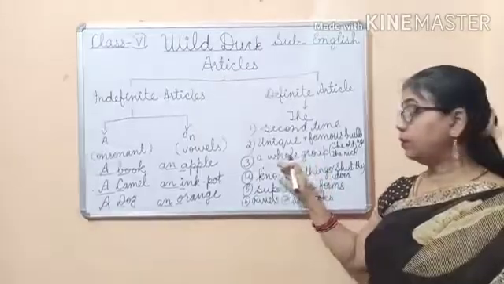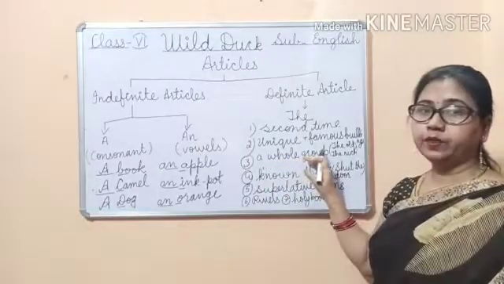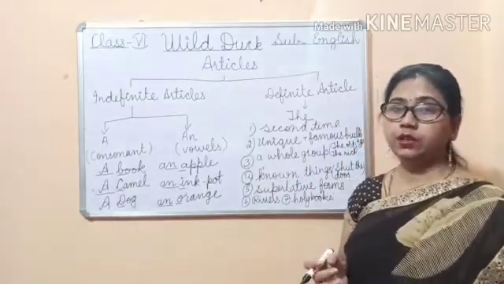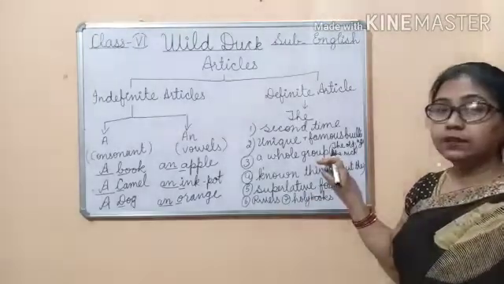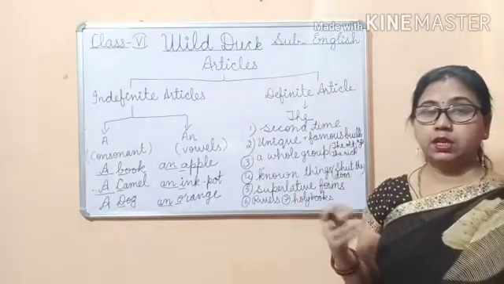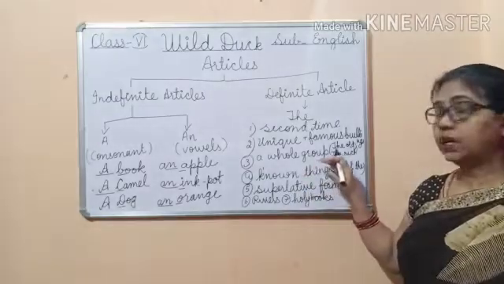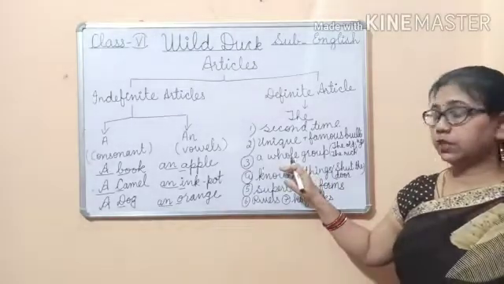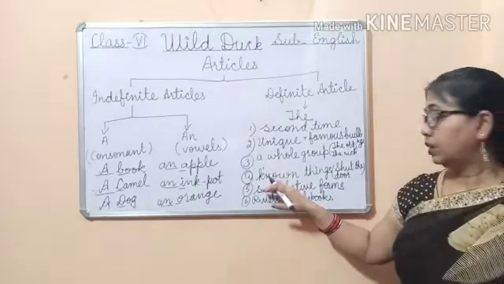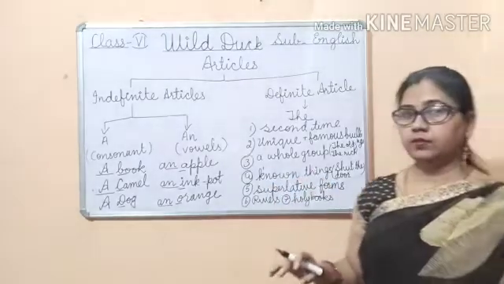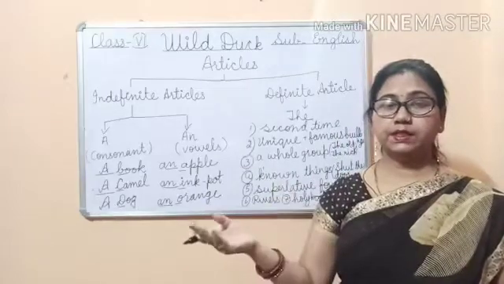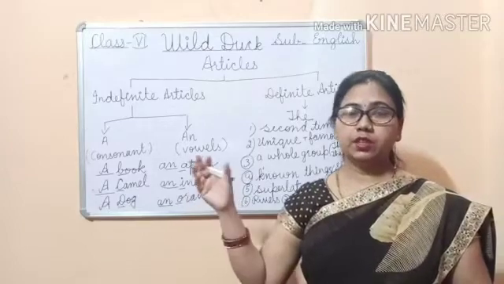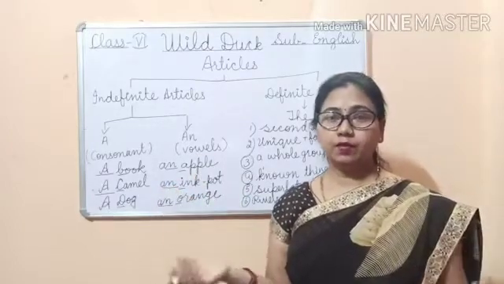We use the before a whole group, when we are talking about the whole group of something, like the old, the young, the rich, the poor. We also use the for known things, like when we say please shut the door, we know the door, so we can say shut the door, open the windows.